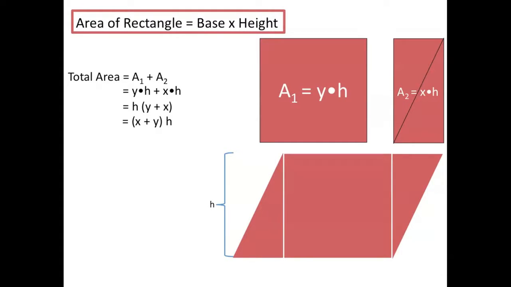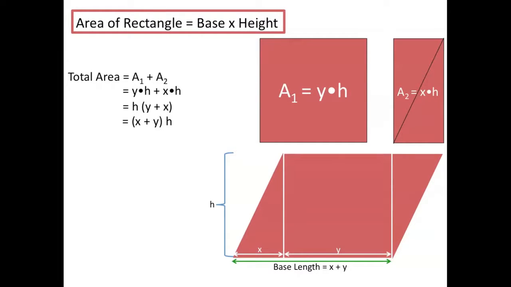Now let's bring back our previous parallelogram. If you remember, this is what our parallelogram looked like at height h, and we said that this length was x and this length was y, which means that the total length of the base of the parallelogram is going to be x plus y.